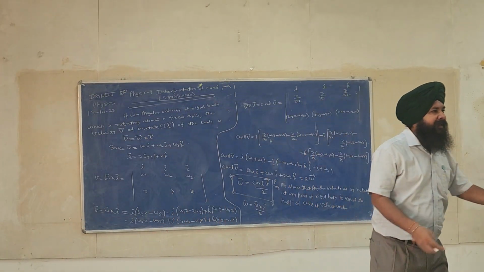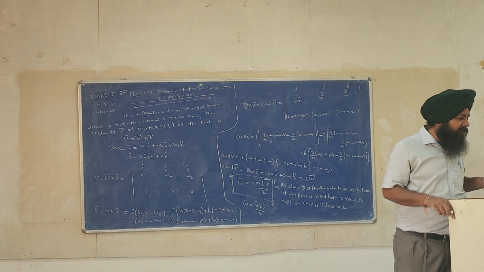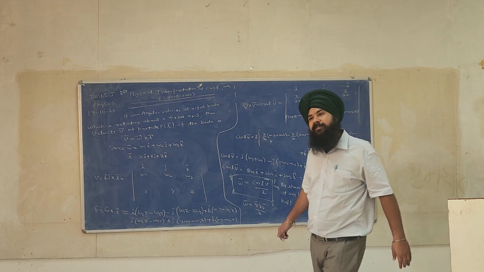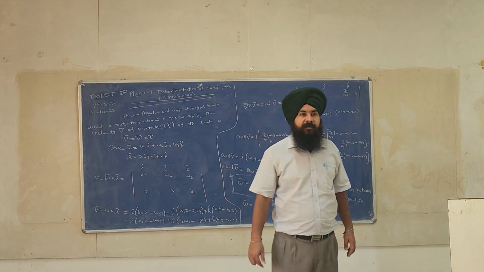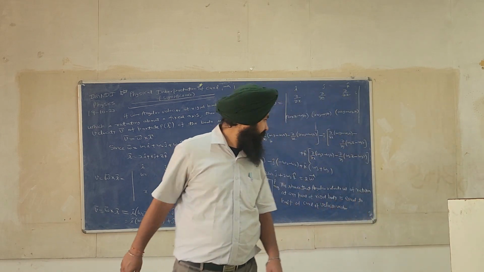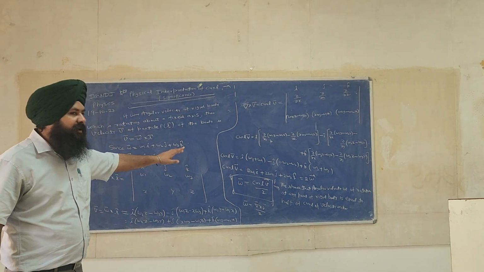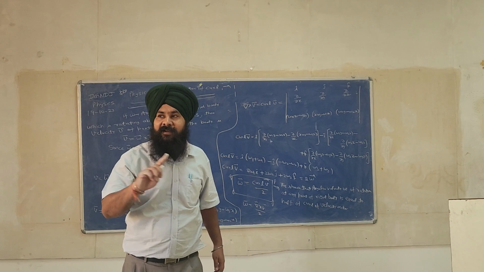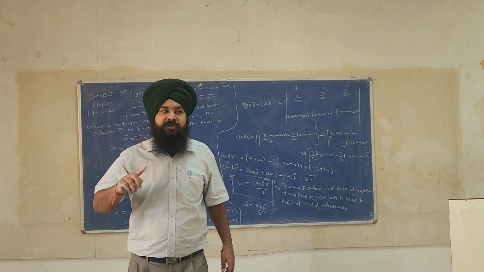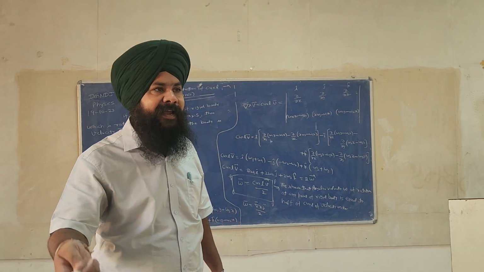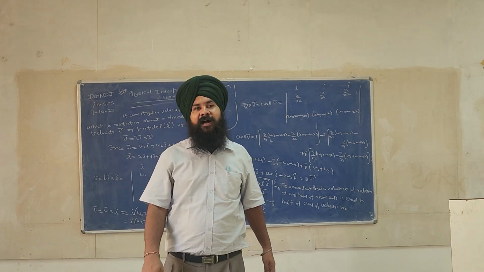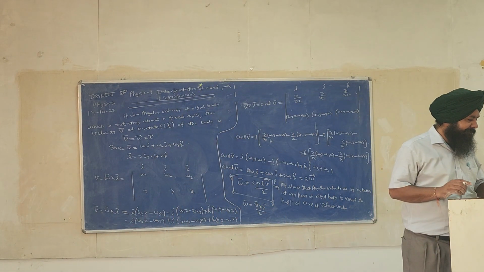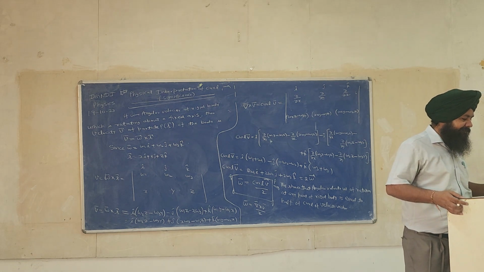Curl gives us the angular velocity, and that is equal to half of the curl of the velocity vector, not of the velocity vector alone. Any doubt on this side?